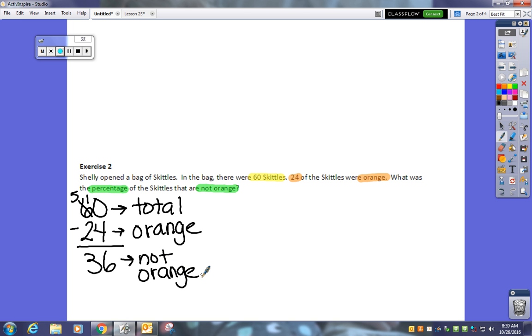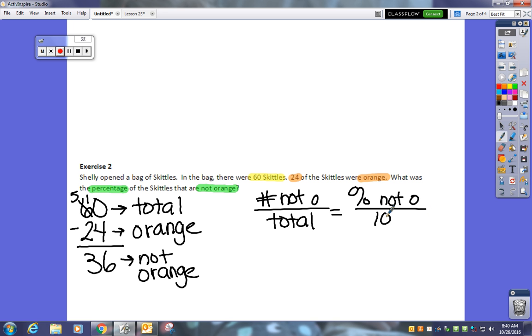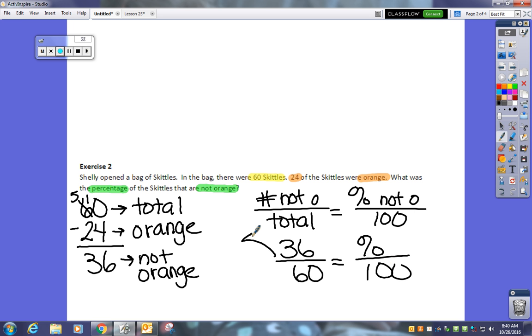When we set up our equal fractions, we want number not orange over total equaling percent not orange over 100. The number not orange is 36. The total is 60. We don't know the percent not orange over 100. We need to simplify 36 over 60. Both can be divided by 6 to get us 6 over 10.